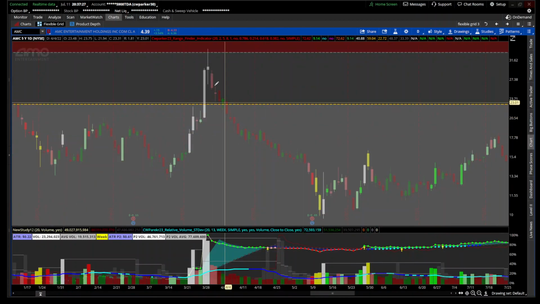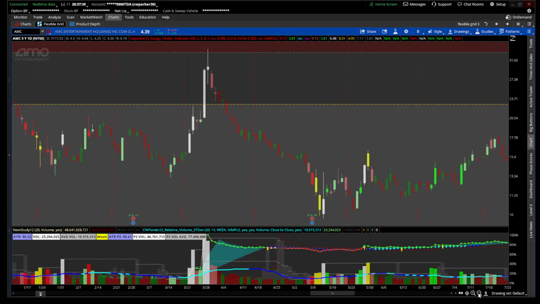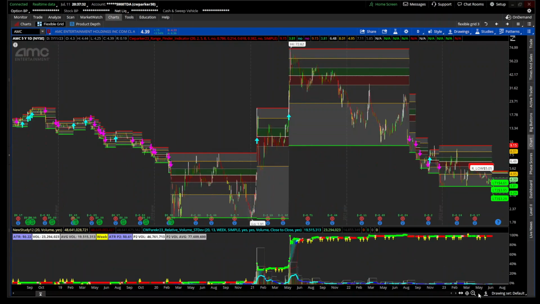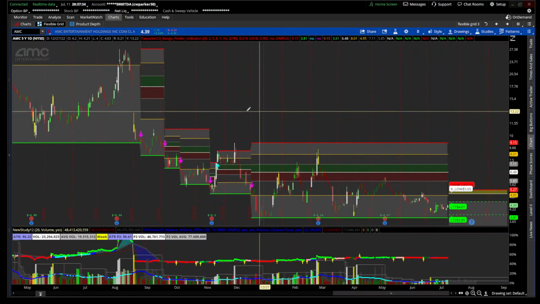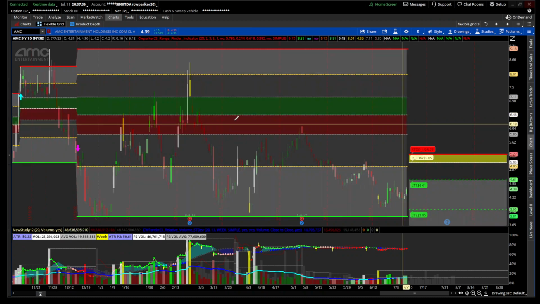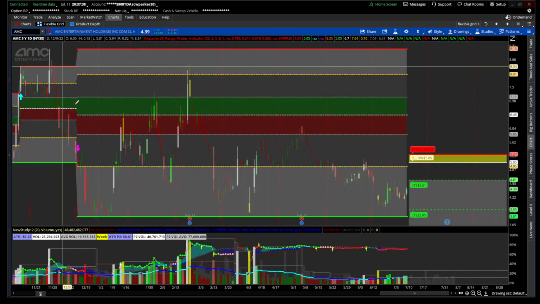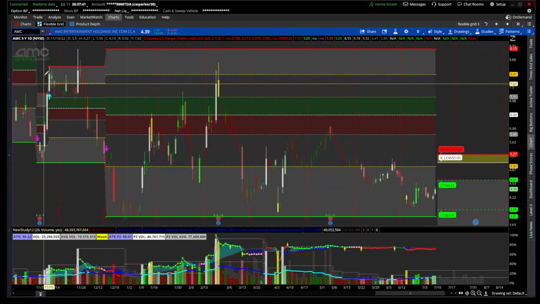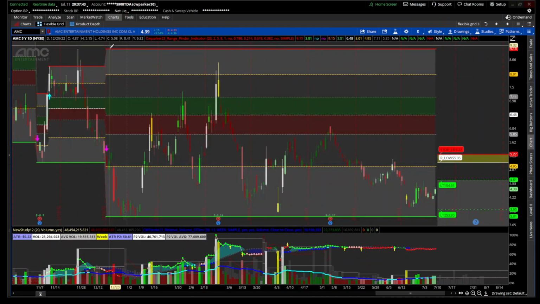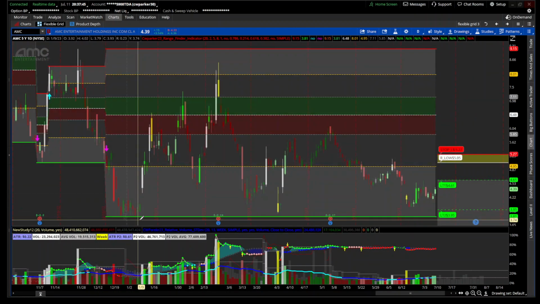It tried to break back above here, but got shunted back down. AMC has really just been trading within this range ever since it broke down below this prior range right here. So it's using this high and this low down here.